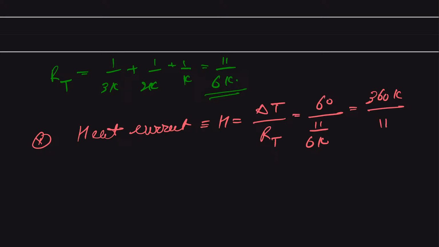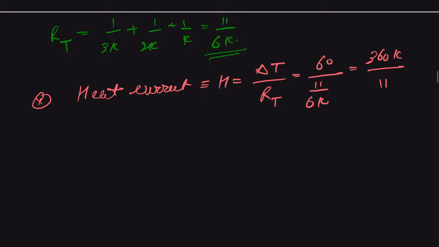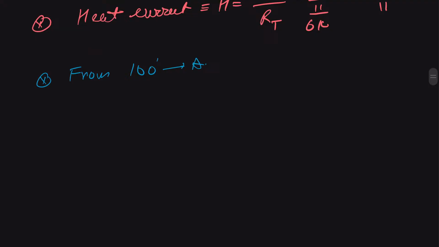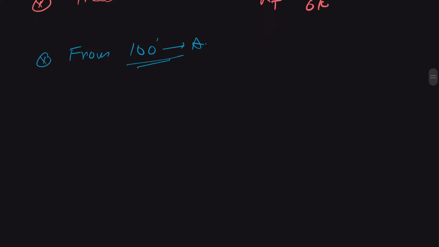Now we can use that from A prime to A there is a temperature, so we can say that from 100 degrees to our A, we can write that our delta T from 100 to our A will be equal to H times R1.